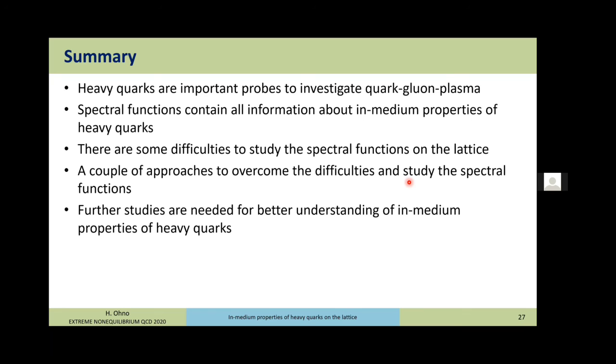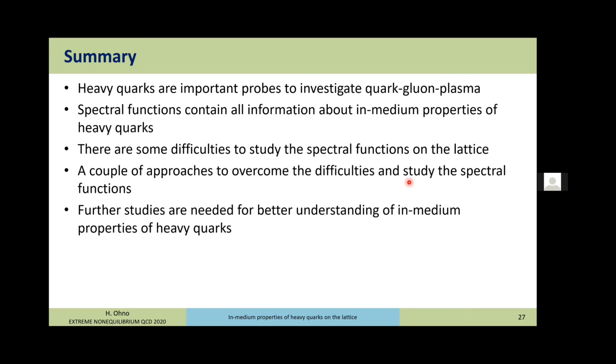Because you're working on a very fine lattice, but is it possible to use gradient flow methods to take the vector current correlators for heavy quarks, and then try to get the continuum limit for these correlators?